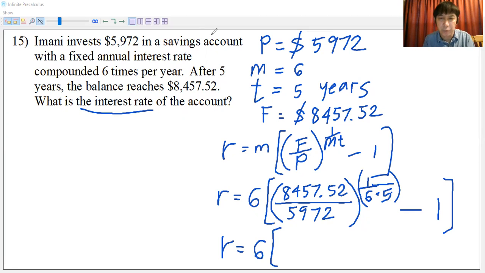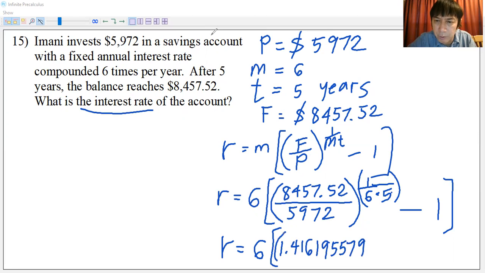Let's divide first. So we're going to have 8457.52 over 5972, and that's equivalent to 1.4161955 79.